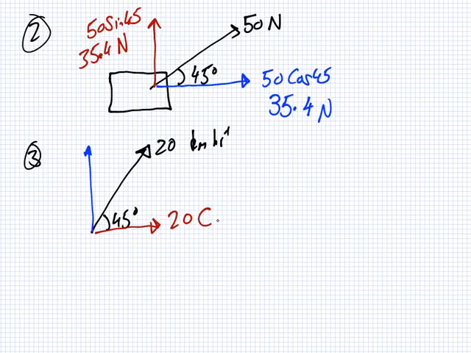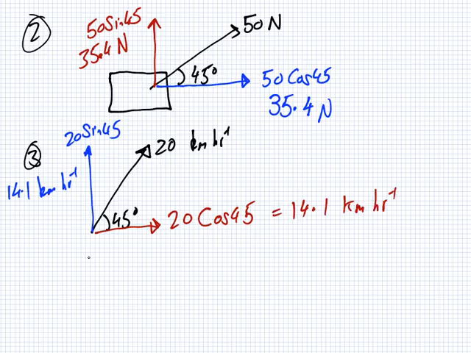Cos 45, and this one is 20 sine 45. 14.14. 14.1 then if we do it this way. 14.1 kilometers per hour, and then this one here is also 14.1 kilometers per hour. No, that's it. I suppose we should really, if you want, you can say this one is east and that one's north.